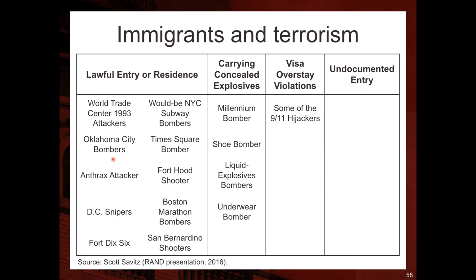And all these other terrorist attacks were committed by people who entered the US lawfully, or were permanent residents, or other kinds of immigrants that had their visas. So regarding immigrants and terrorism, we usually have a discourse in public opinion that undocumented immigration could increase terrorism, but this data here shows that's not the case.